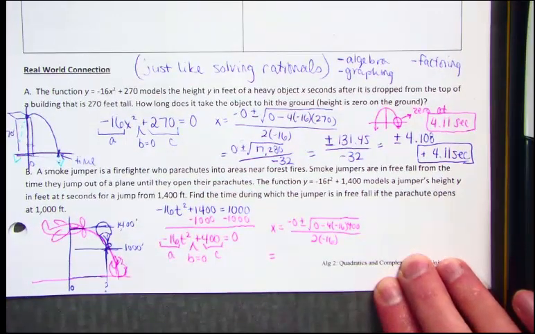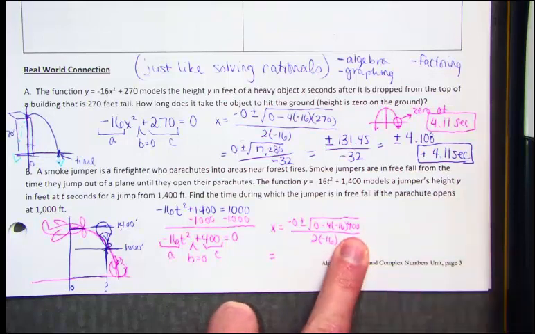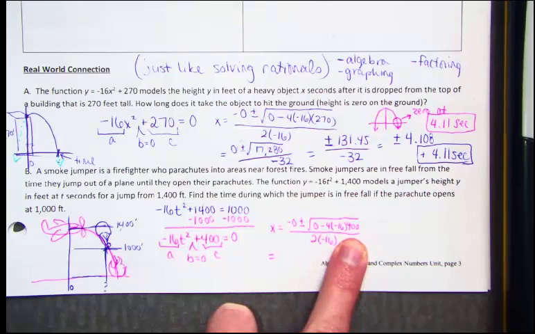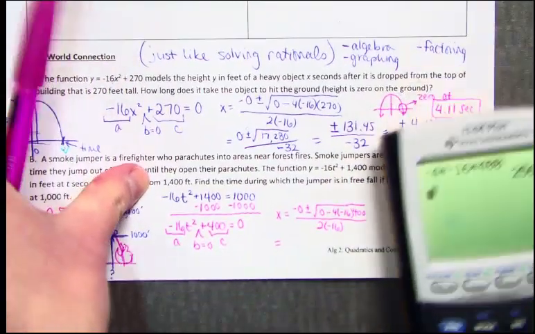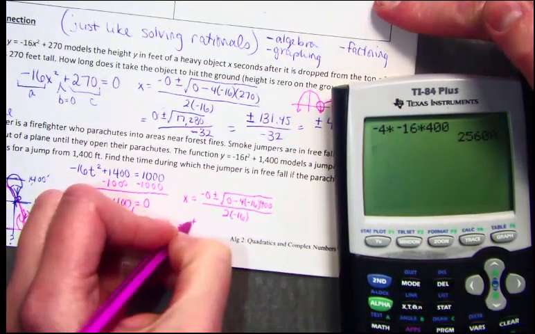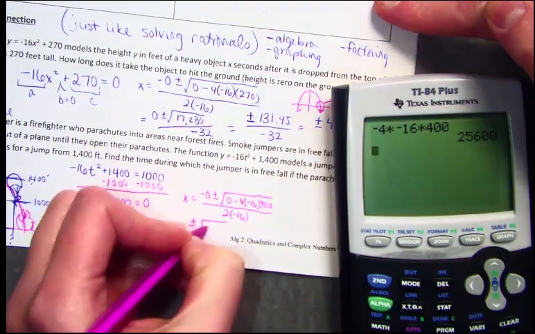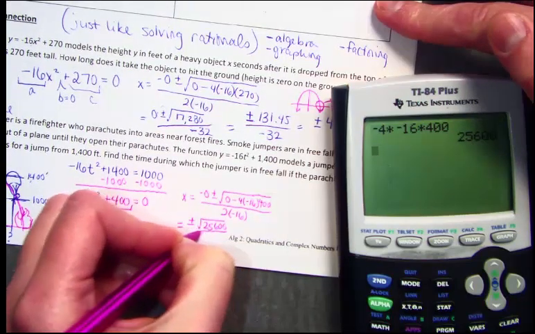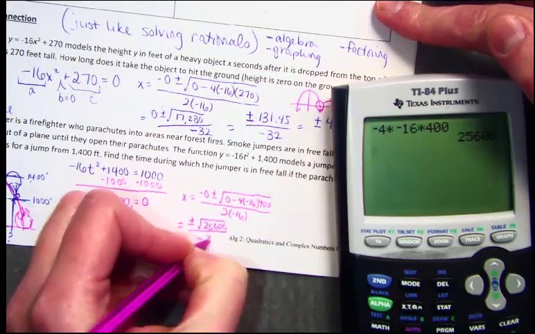Solving that further, it's -4 times -16 times positive 400. My calculator gives me plus or minus the square root of 25,600 over a negative 32.